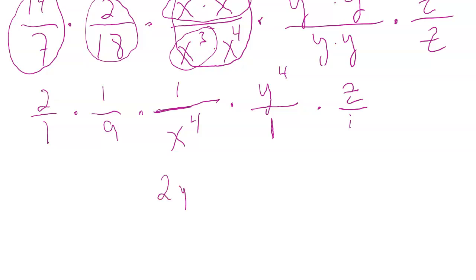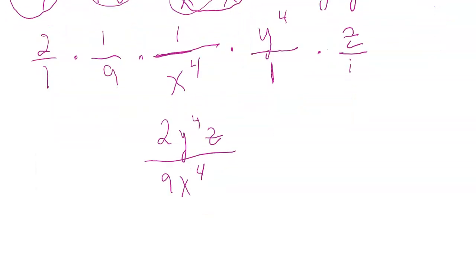So we get 2 y to the 4th z all over 9x to the 4th. And there it is. Again, I'm not going to try to use the word canceling. I'll use the identity property and reducing fractions. I think when we use canceling, we just overuse it.